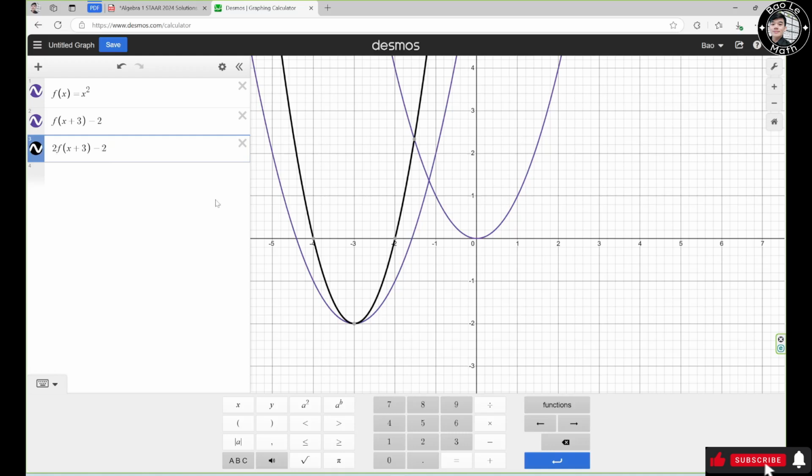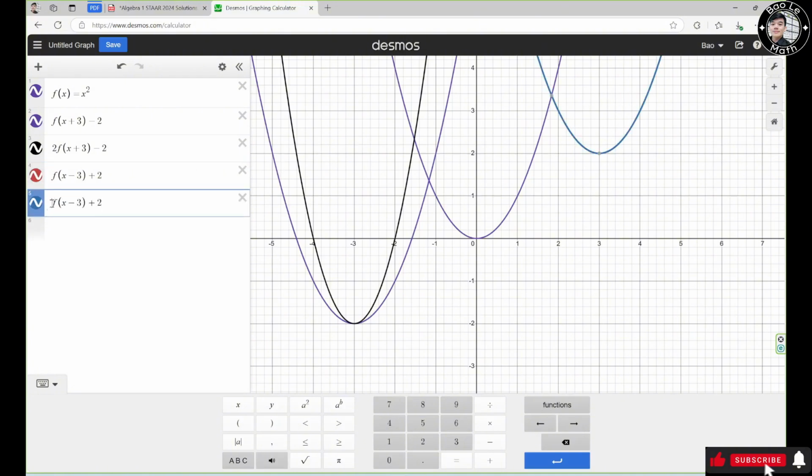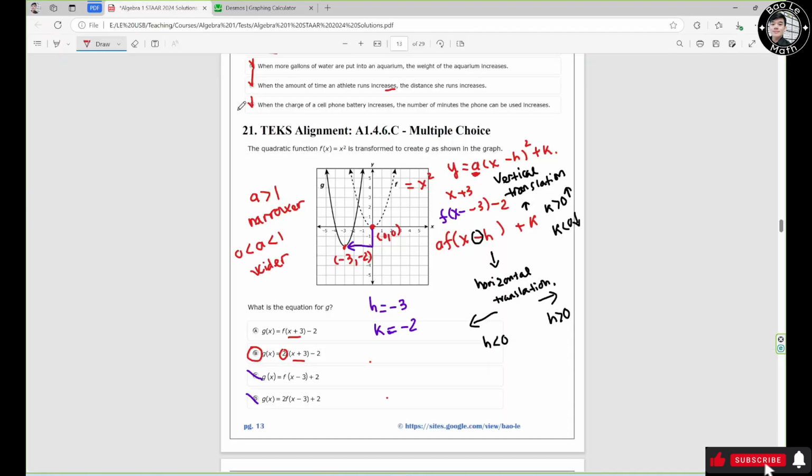So it's going to be right here. The next one is going to be this guy, and then the last one is going to be this. And you see that only the answer choice right here matches the graph given. So the answer must be B.